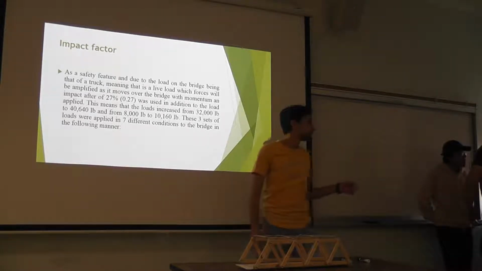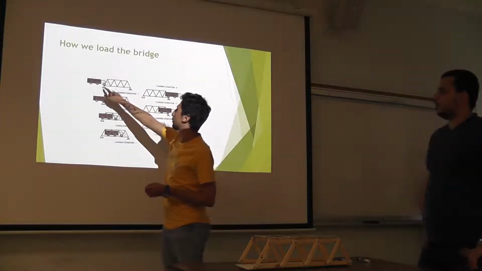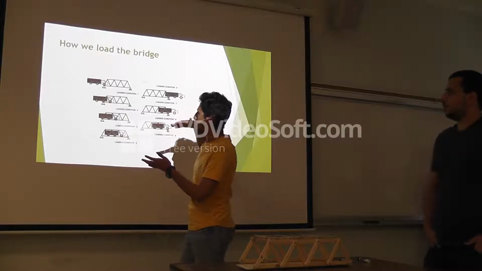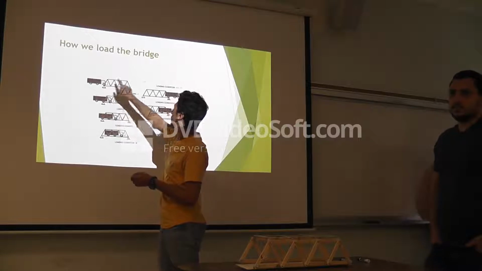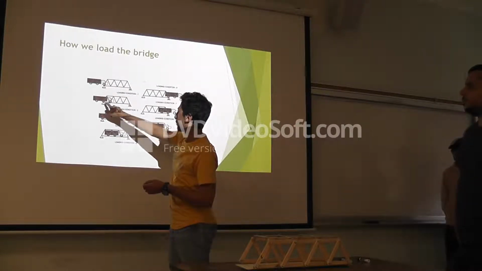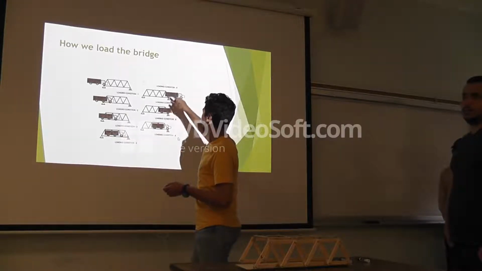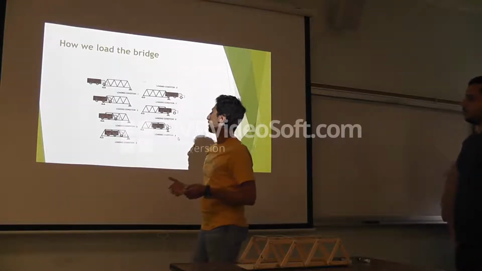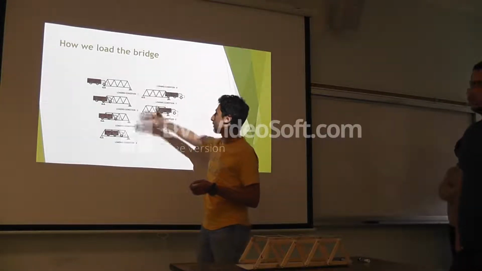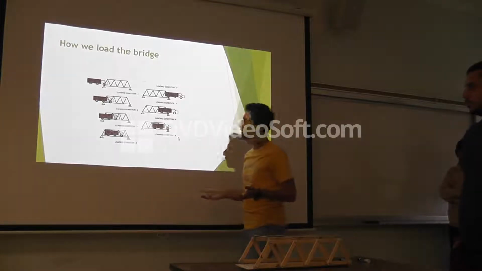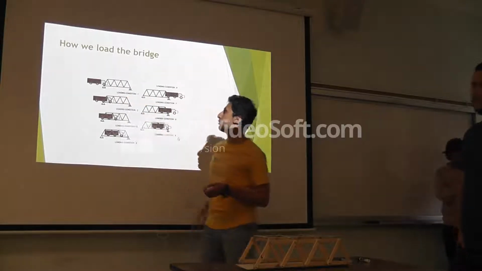Like each part of the bridge. Next. Here in this diagram, it shows when the initial part of the truck is touching the bridge, and the second case it has 2 axles, 3 axles, and so on. So when we did the SAP 2000, we did the simulation for all these cases, and we combined them together, which shows the force on each member of the bridge.